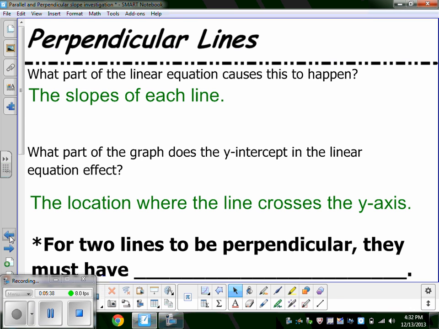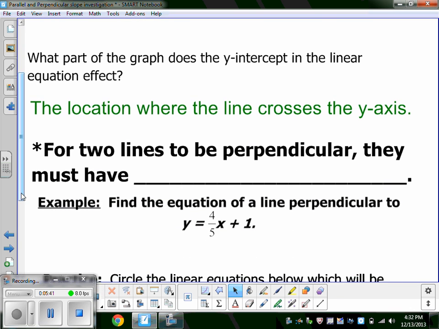Specifically, our two slopes are going to be negative reciprocals of each other, meaning that if one of the slopes, like in the previous example, is negative 2 over 1, we will flip the fraction, make it its reciprocal, and we will give it its opposite sign, leaving us with the example just provided, a slope of 1/2.